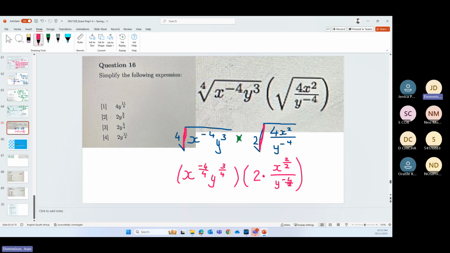The traditional way is to say 4 is 2 times 2, which is 2 to the power of 2, and if you take the square root of that it falls away and you get 2.